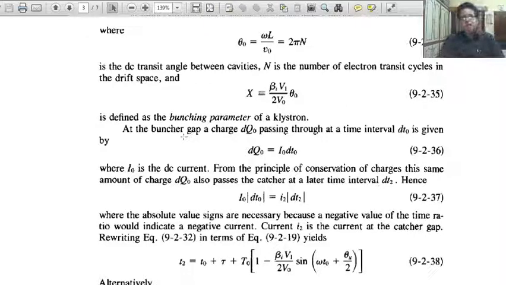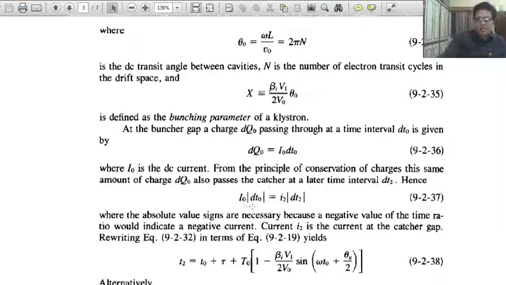As we know, at the buncher gap, a charge dq0 passes through in a time interval dt0. That means dq0 equal to I0 dt0. Using the principle of conservation of charge, this same amount of charge dq0 also passes through the catcher cavity in time dt2.